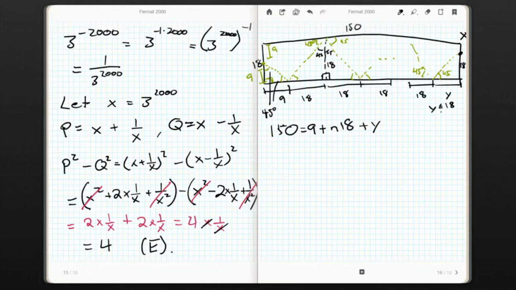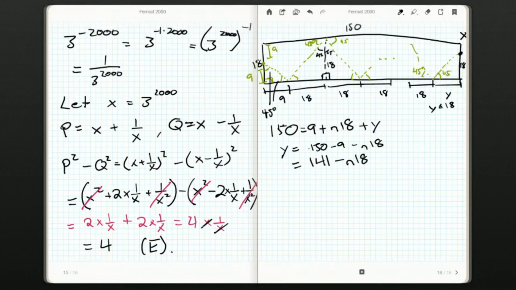So y is definitely less than or equal to 18. That means y is equal to 150 minus 9 minus n copies of 18. I don't know how many that is, but I do know that 150 minus 9 is 141.